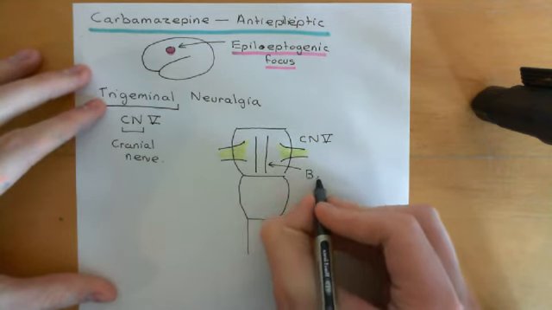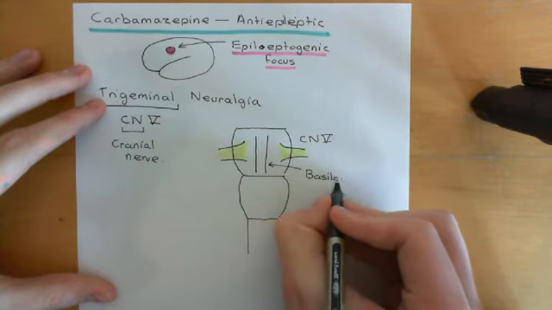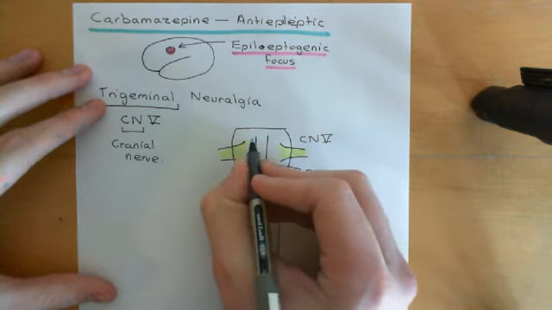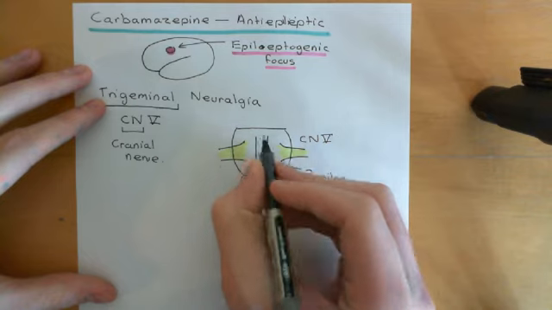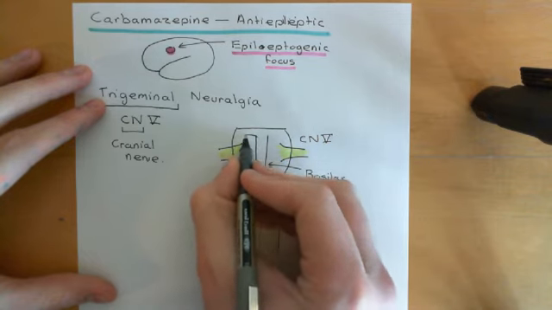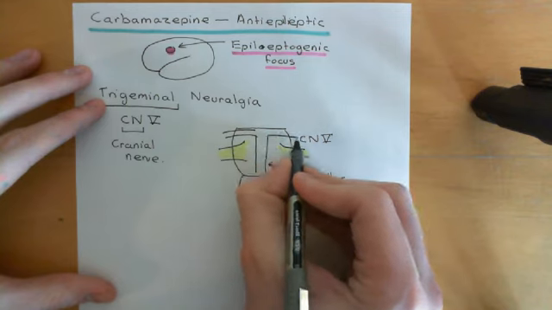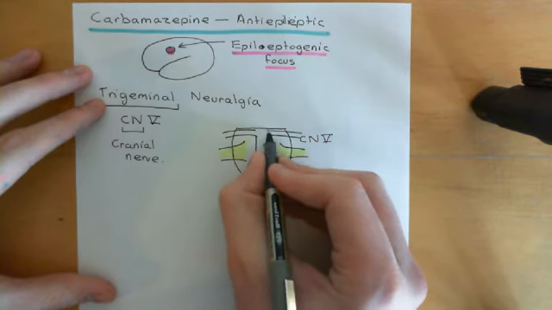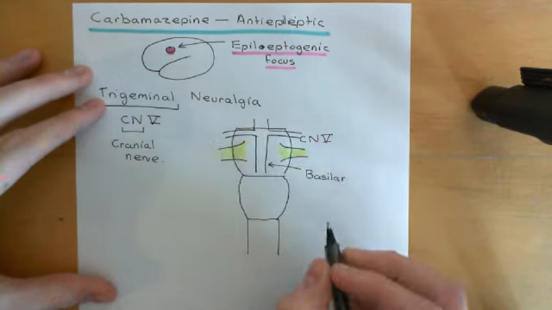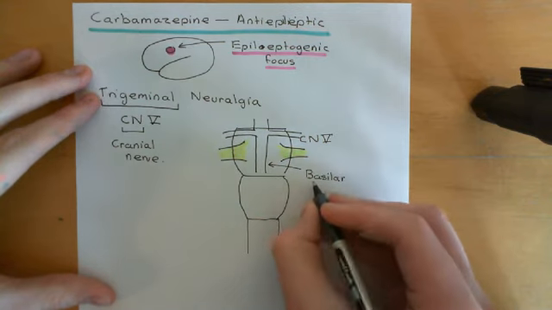Near the top of the basilar artery, as it approaches the top of the pons, two important branches come off, one on the right-hand side and one on the left-hand side. These are the superior cerebellar arteries.